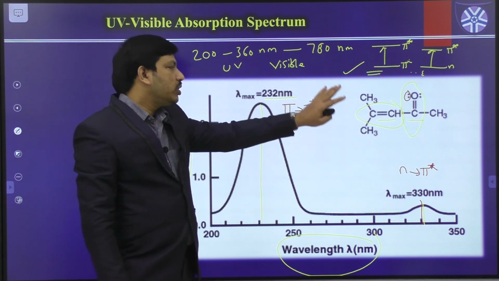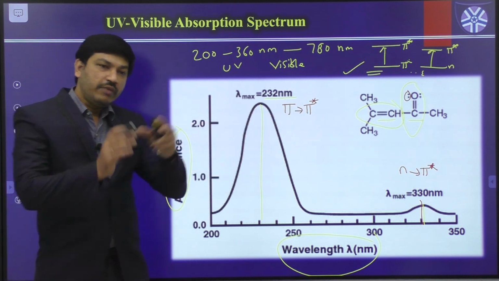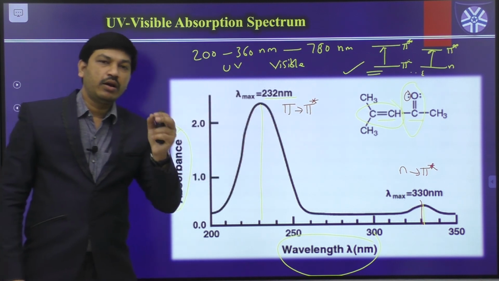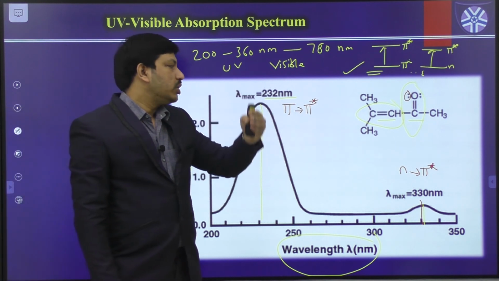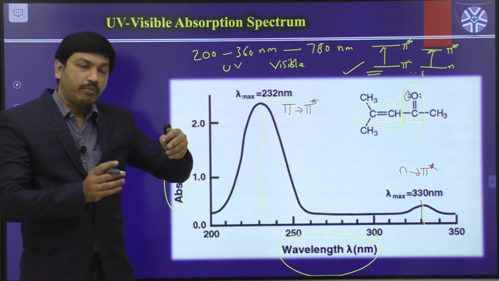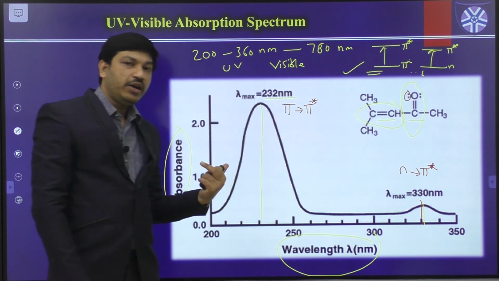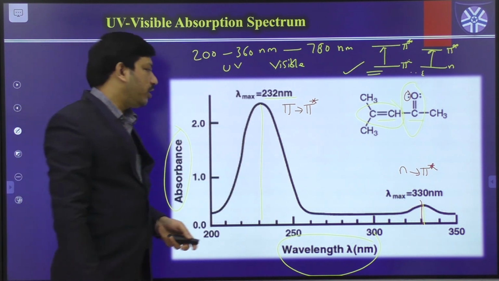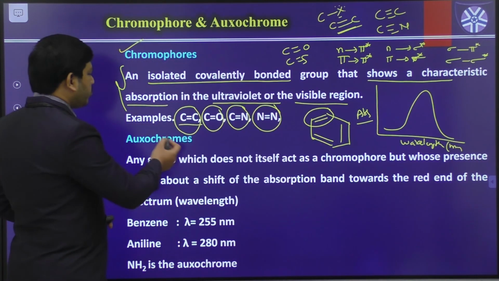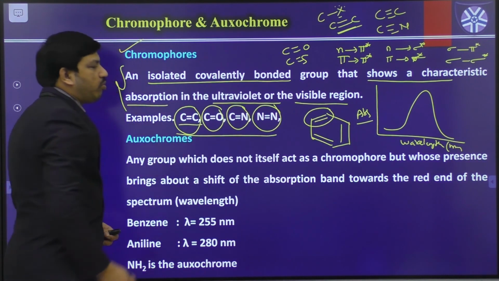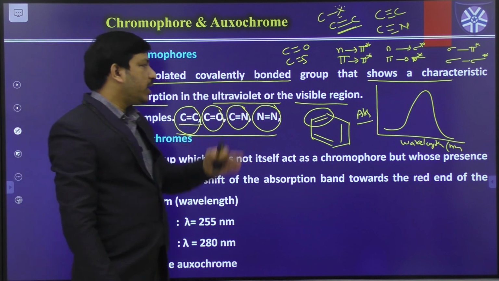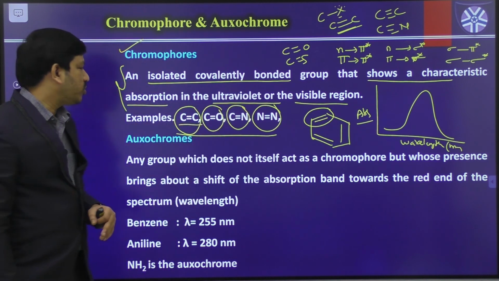So a chromophore is nothing but, in a given molecule, a covalently bonded group having proper absorption in the region of either ultraviolet or visible radiation. Such groups are called chromophores, and they are responsible for the corresponding absorption spectrum.